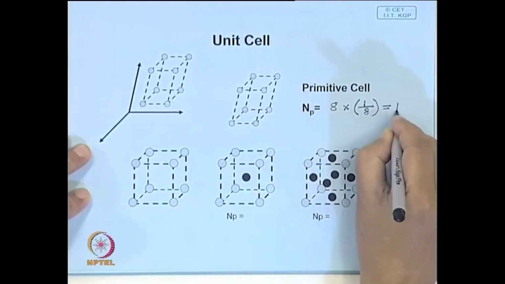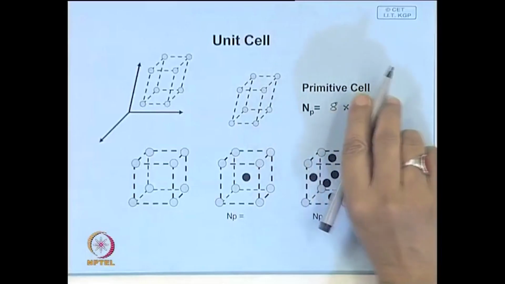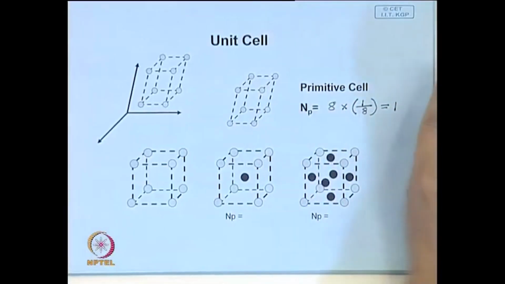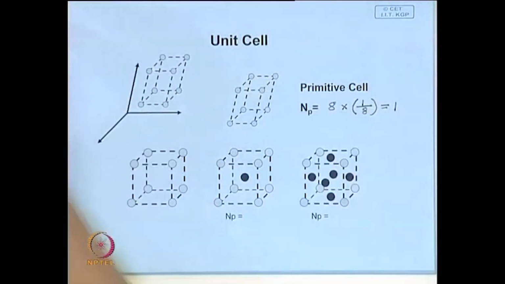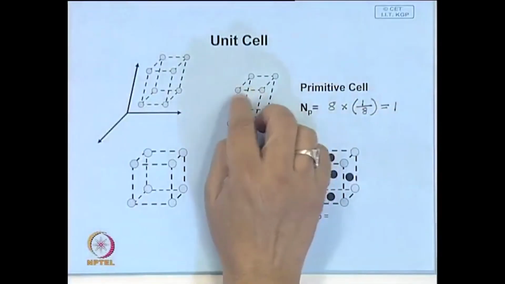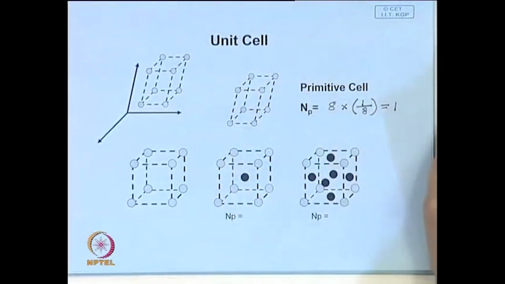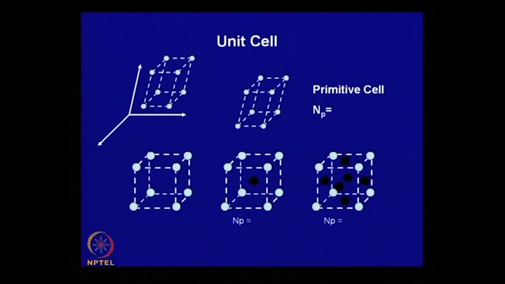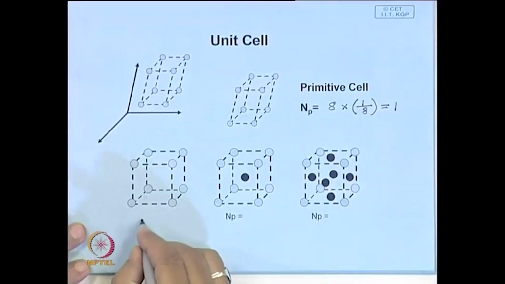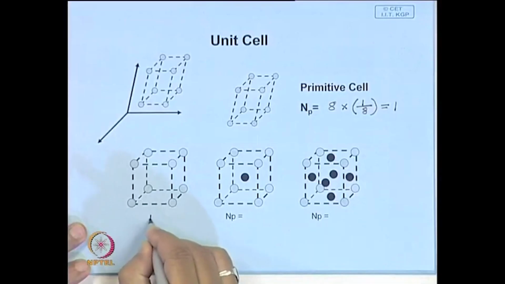So, this is 1. Now, you can also have unit cells where it is not necessary that the unit cell should have points only at the corner. They can have certain additional points as well, which is shown here. So, this is the primitive cell. Here this number is 1.